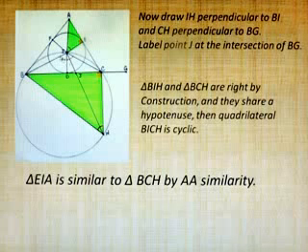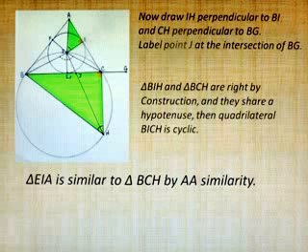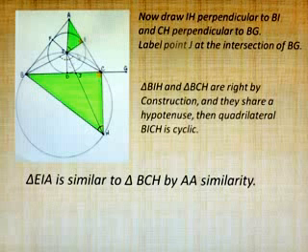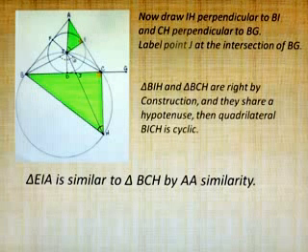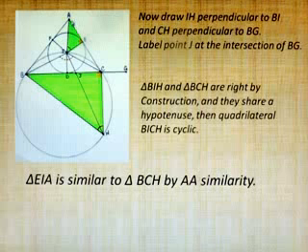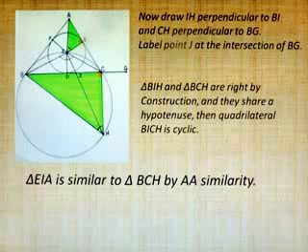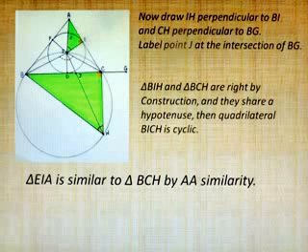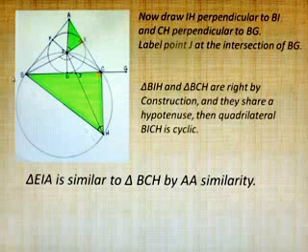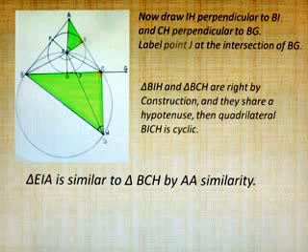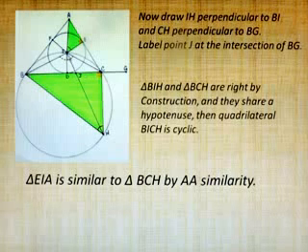So this is half. And then we showed that DIC and EIC were congruent. And so this is half. And then BIA and AIE were congruent. And this is half. So this means that angle AIE is congruent to angle BHC.